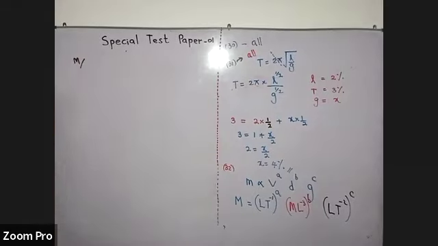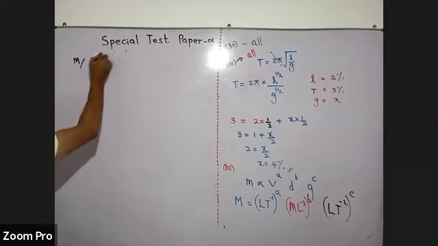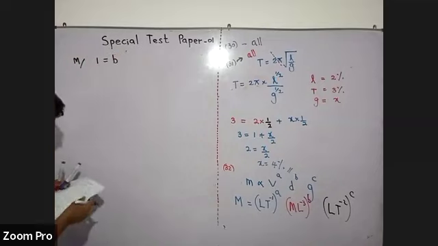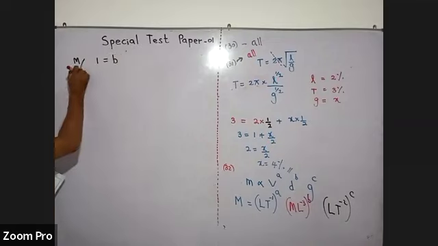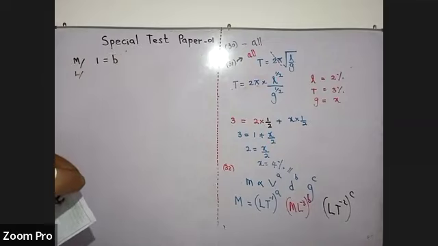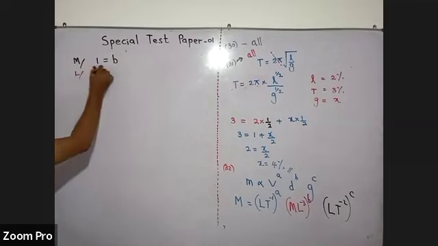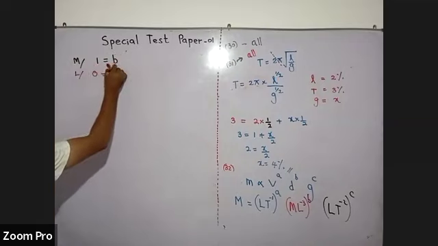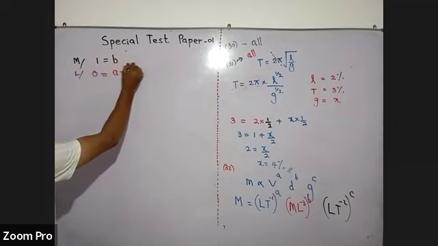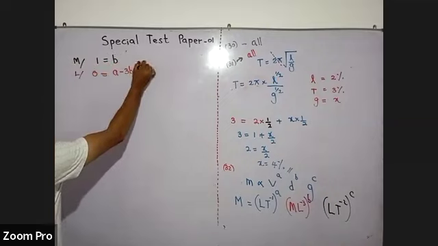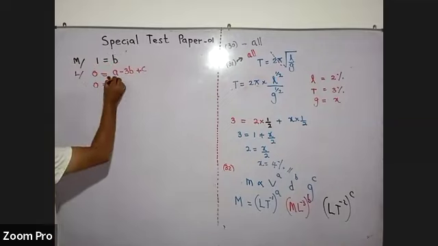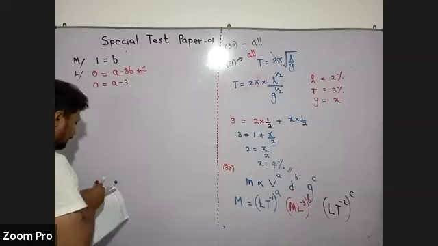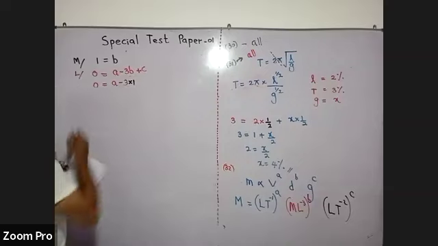Starting from M, 1 equals b. So b is equal to 1, isn't it? Right. Let's go for L. Now in the left side there's no L, so let's consider it as 0. So 0 equals a minus 3b plus c. But we already have obtained the value for b, so let's substitute it.